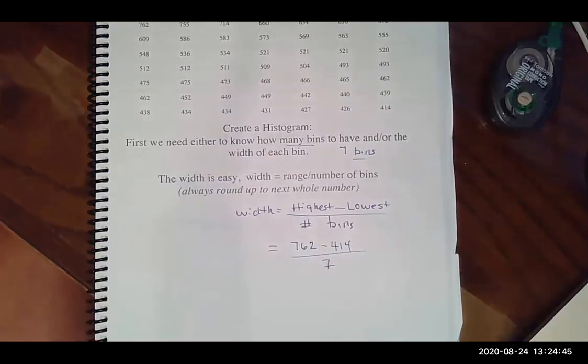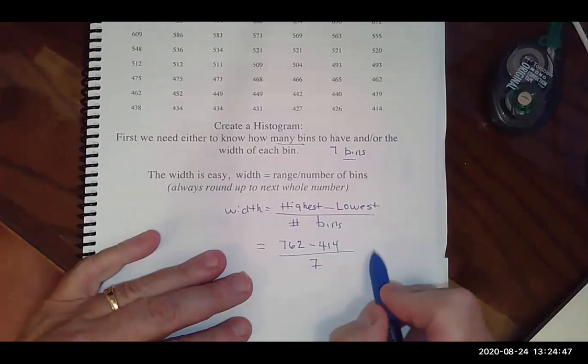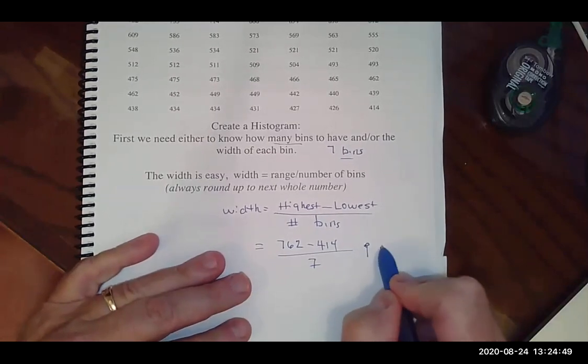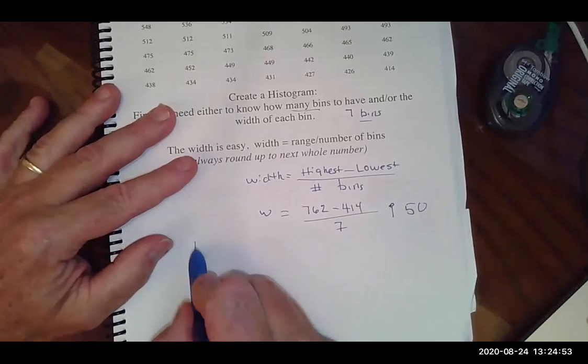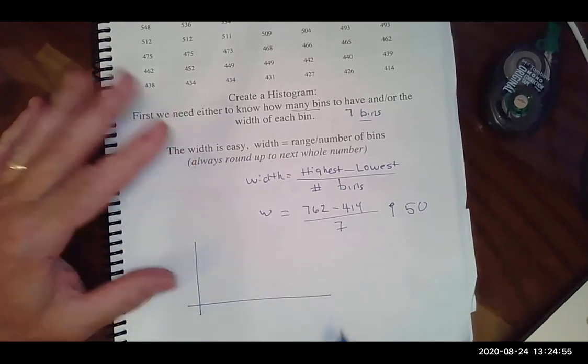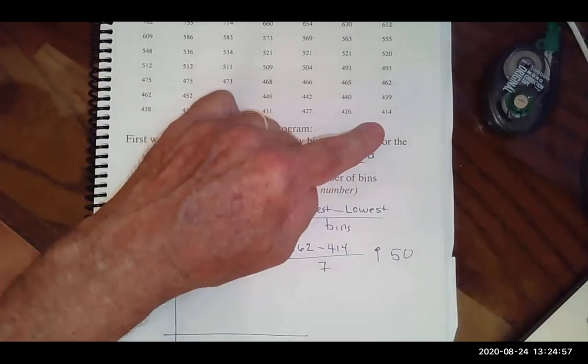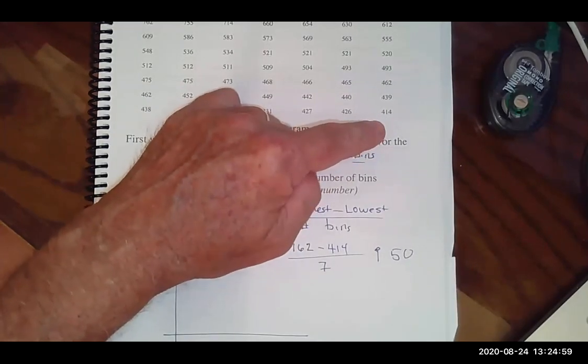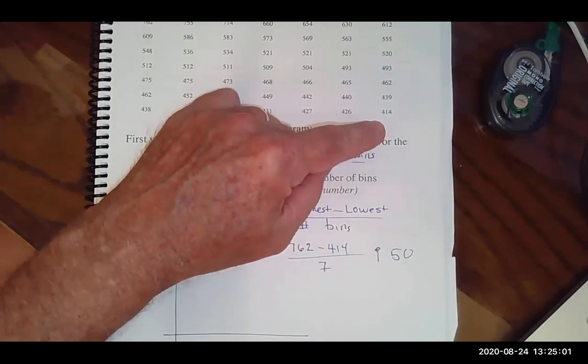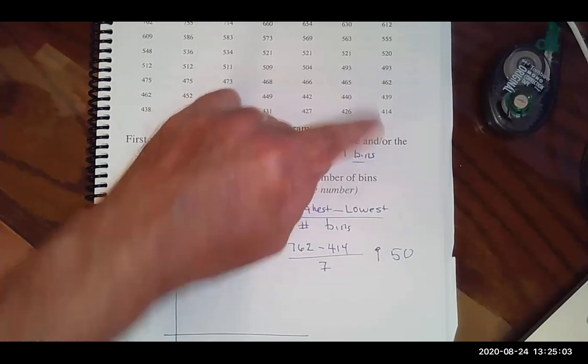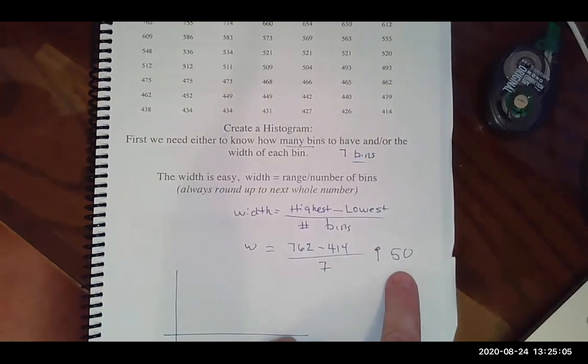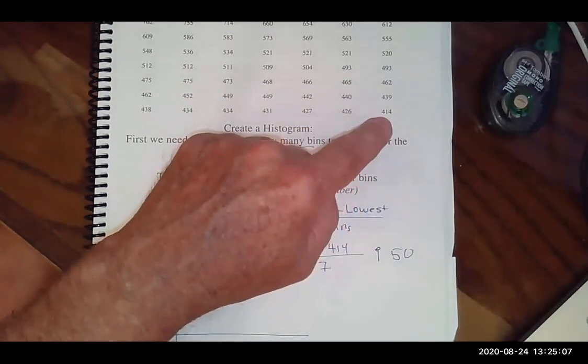So now, let's round this up to 50. That's your width. So here's the histogram. Lowest is 414. There's no need to go all the way down to 0. If your markers are every 50, why even start at 0?